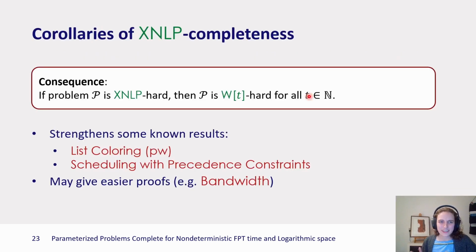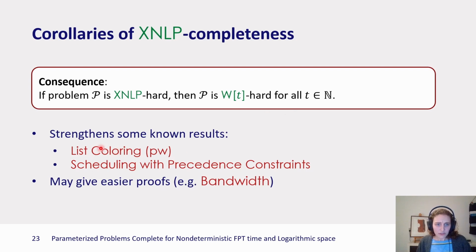Okay, so let's go through some corollaries of XNLP-completeness now that you maybe got a gist of what the problems look like. A consequence of being XNLP-hard is that it's W[t]-hard for all t. You already saw at the beginning of the presentation that all these W[i] classes lie in XNLP, so this should definitely be true. But why I'm telling you this is because it strengthens some of our known results.